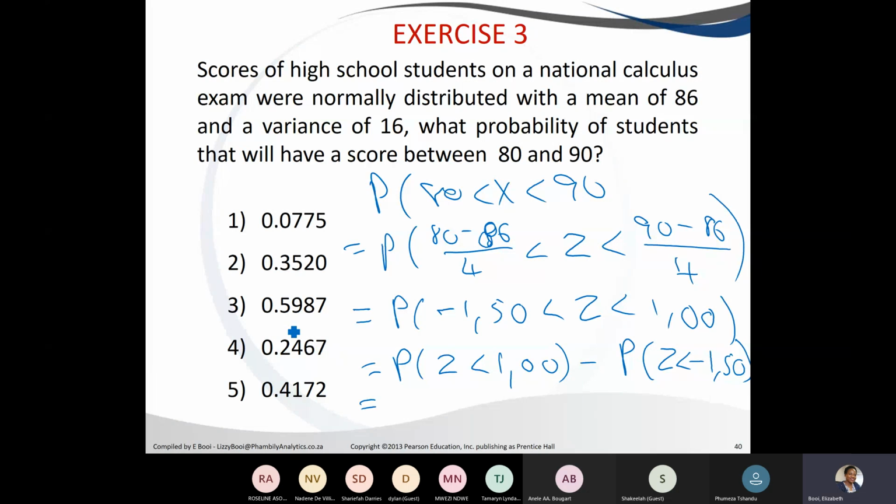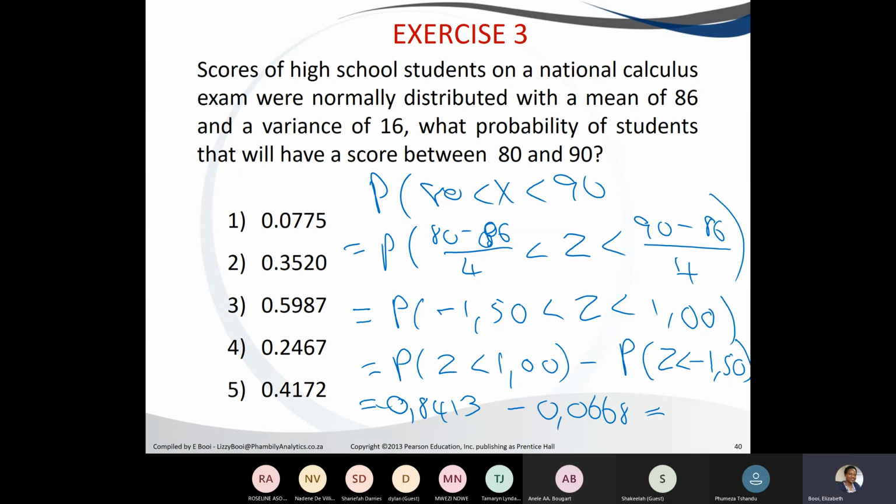When we went to the table, we found the values. For 1, the value was 0.8413 minus the value we found for minus 1.5, which was 0.0668, which then when we calculate, we're going to find that it is 0, what is the answer we get?